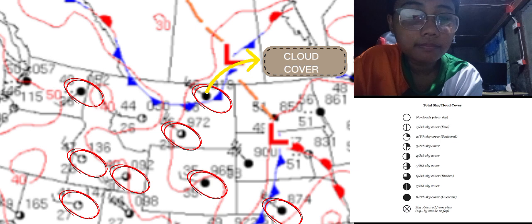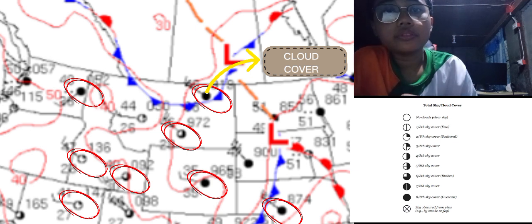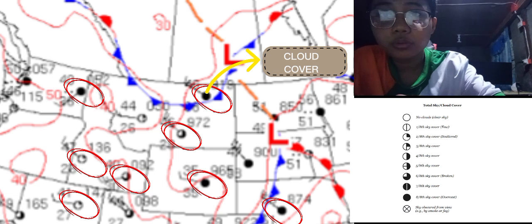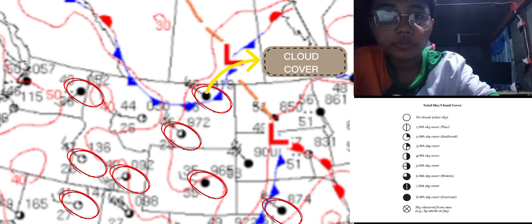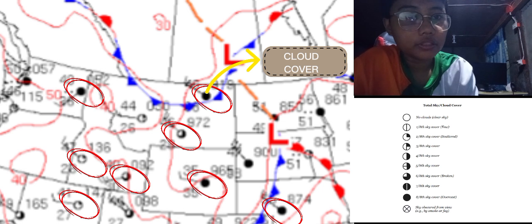Circles with no shade mean no clouds, and the circle with full shading means that the sky is covered in clouds.